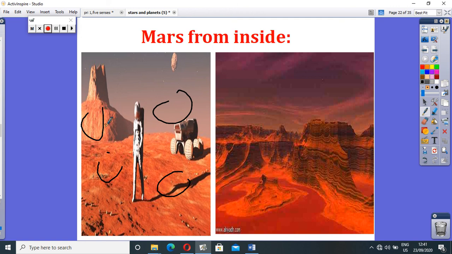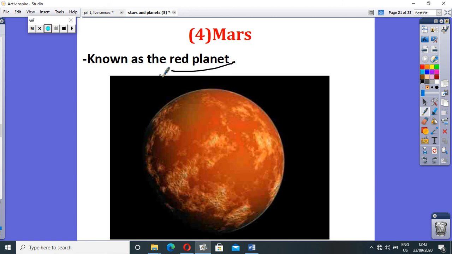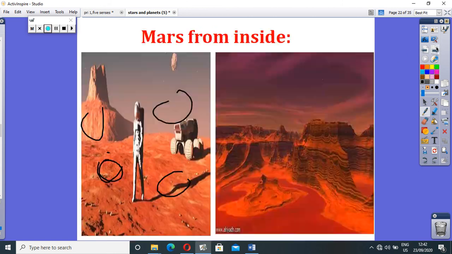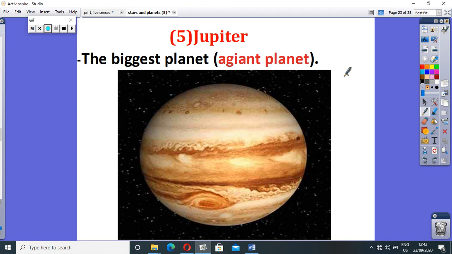So the planet Mars has a red color because it contains a lot of rocks, and these rocks contain iron, which has a red color. So again, Mars is known as the red planet.